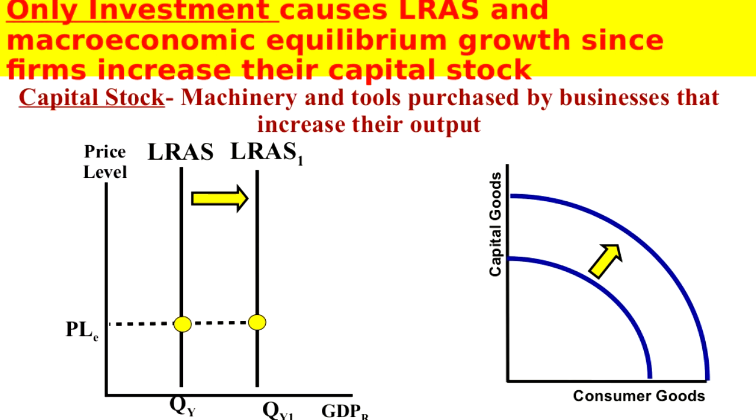So if I own a car manufacturing plant and I add a production line to it, and that production line now allows me to produce 50% more cars, well, now I can produce more cars forever. So that investment in capital stock actually is aggregate demand because I'm investing in my economy. But in the long run, I'm also creating more aggregate supply.